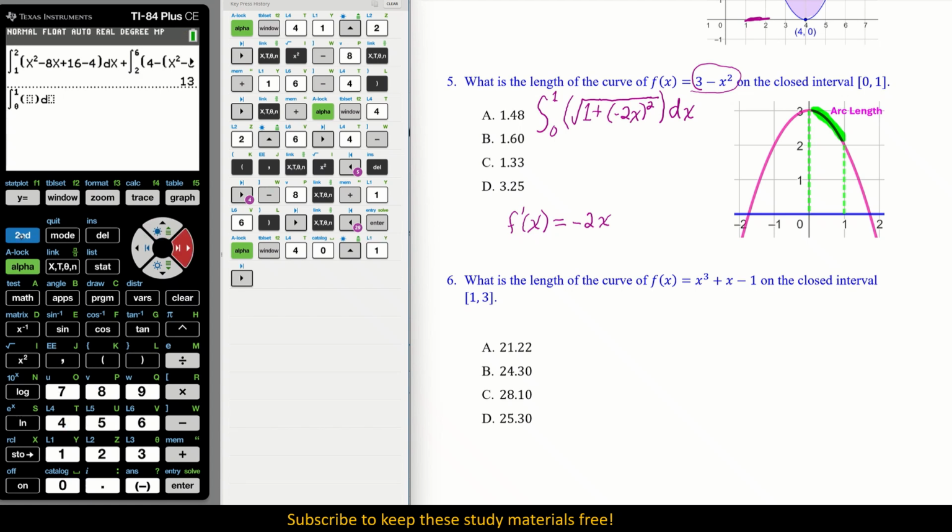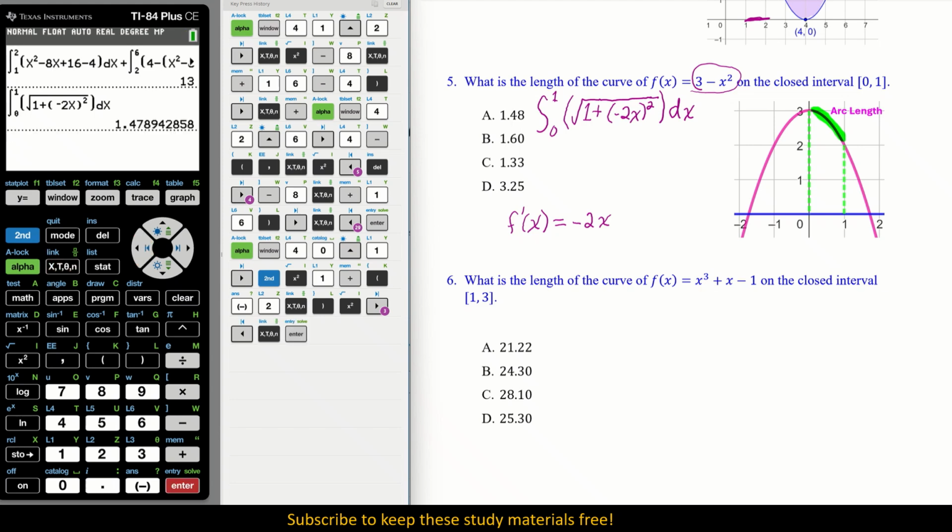And now under the radical, so that's second x squared, there's our radical. 1 plus parentheses minus 2x, close parentheses, and square it, and then go over, put in your x for your dx. Okay, now, moment of truth, push enter. And guess what? We are correct. Option A will do it. Okay. Much nicer than sitting there and doing all the calculations.